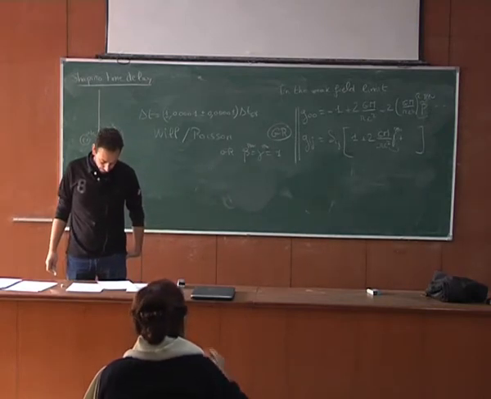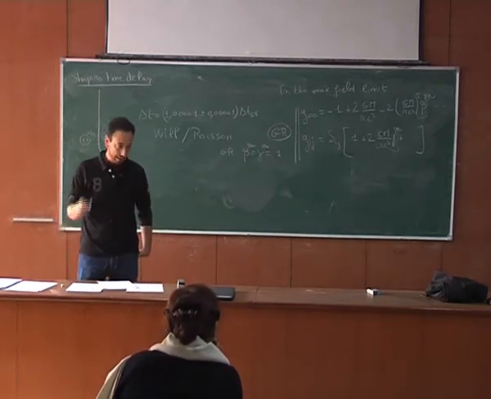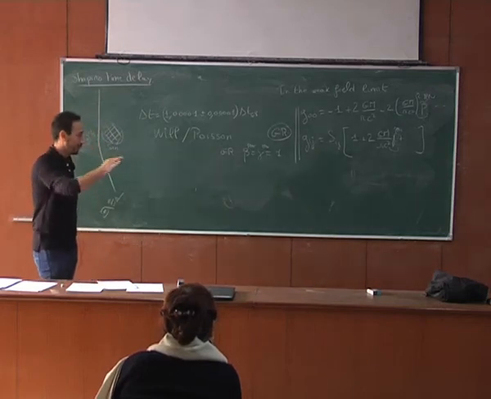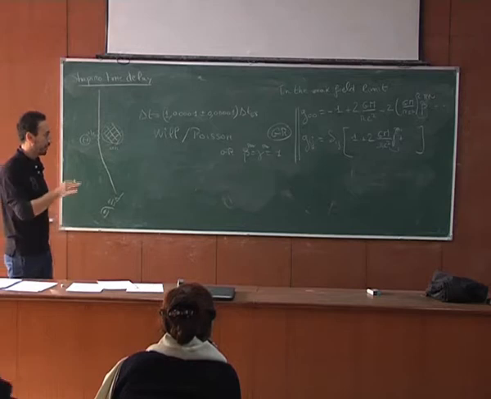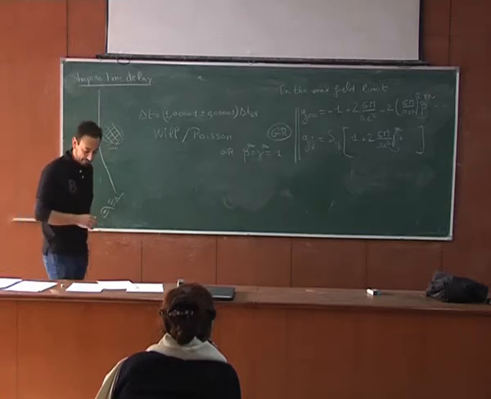People do that by looking at the planetary positions at different moments and seeing how they move. From that you can trace back to the parameters beta and gamma.